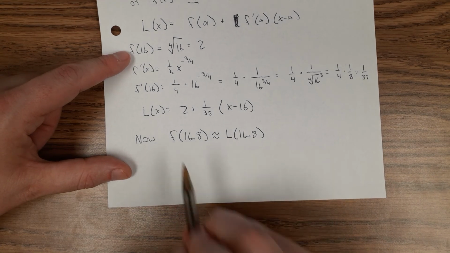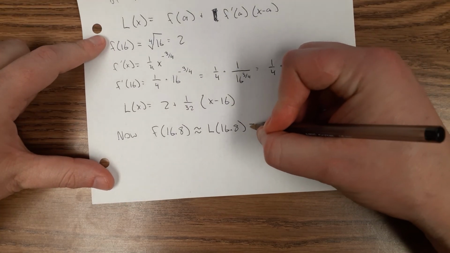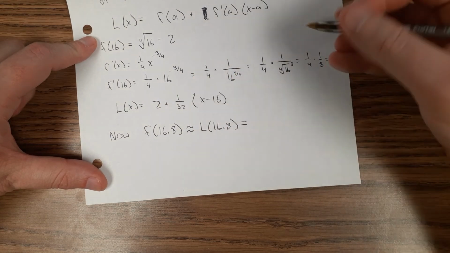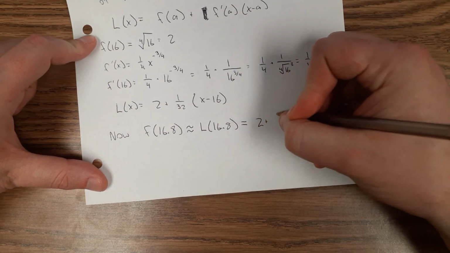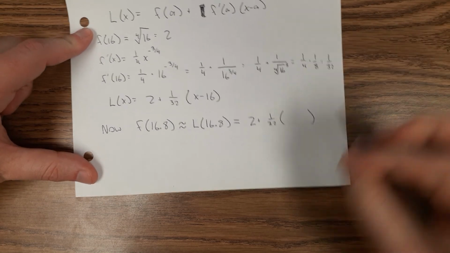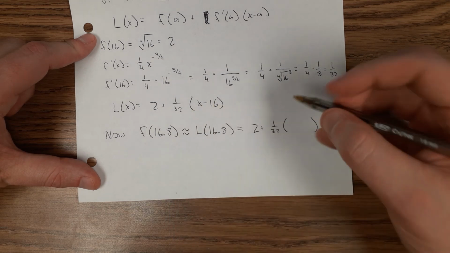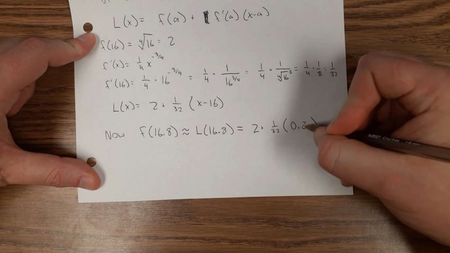This L is an approximation for f. So instead of plugging 16.8 into f, I'm going to plug it into L. And L is easier to work with. If I'm putting 16.8 in, then this is just going to be 0.8, right?